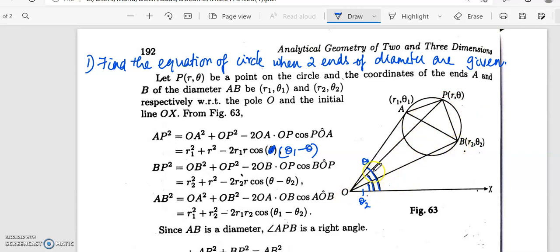Angle BOP is the angle in between. The angle up to here is theta and this angle is theta 2, so that will be theta minus theta 2.